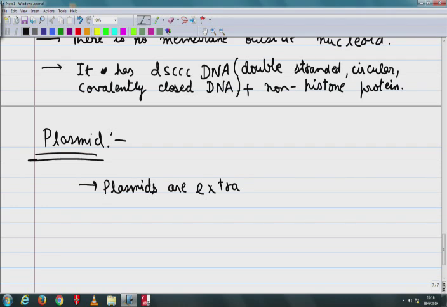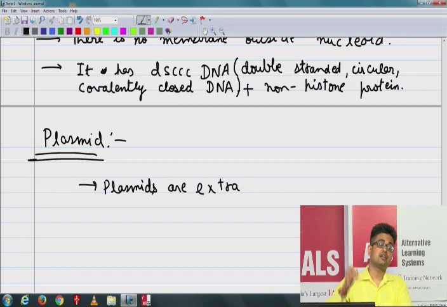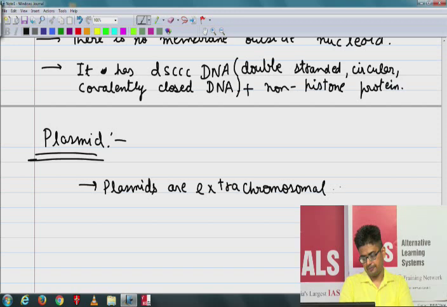That's why I have to draw this. Also in class 12th, in biotechnology, you will find pBR322. E. coli has a plasmid. You can see the diagram if anybody remembers. Plasmids are extra chromosomal segments of DNA in bacteria.